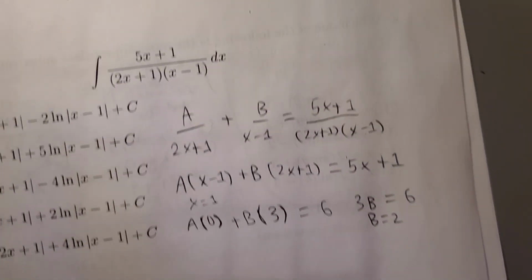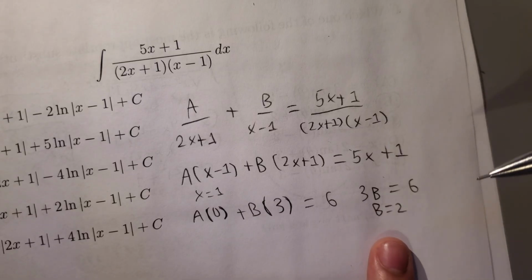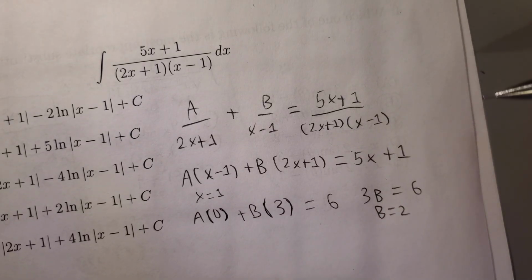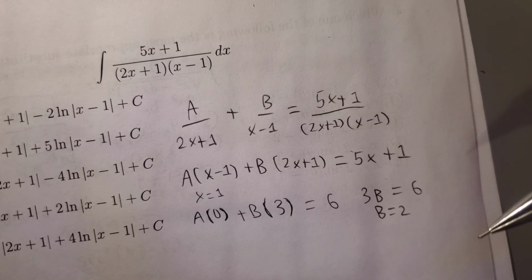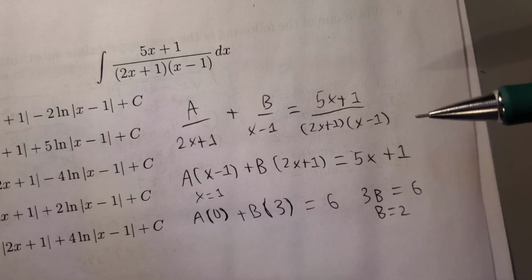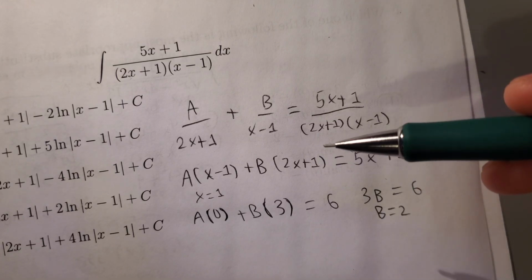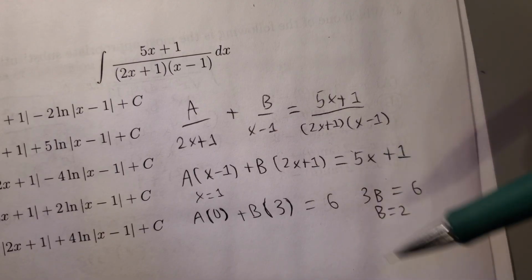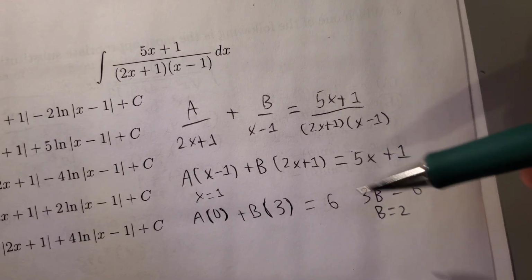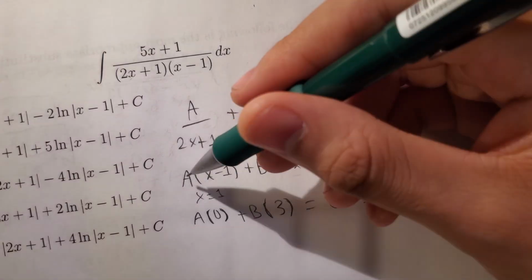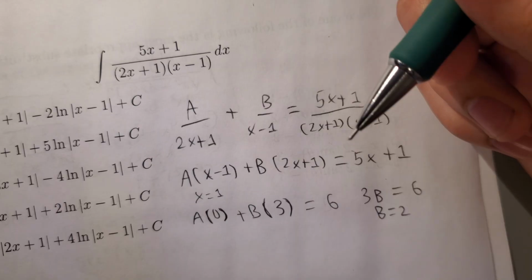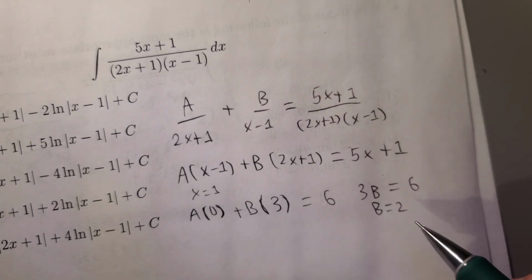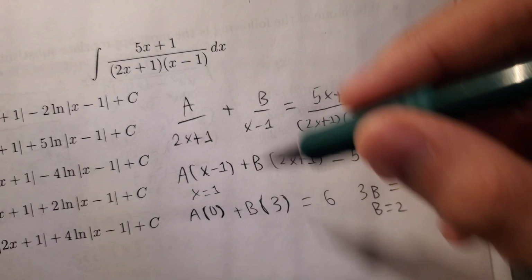So right there we have one of our variables, and then from there finding a is pretty straightforward. There are three ways you can do that. You can either do the same approach, using a number for x that cancels out b, so that you can find a. Or, since we have b, we can just plug that in right away.